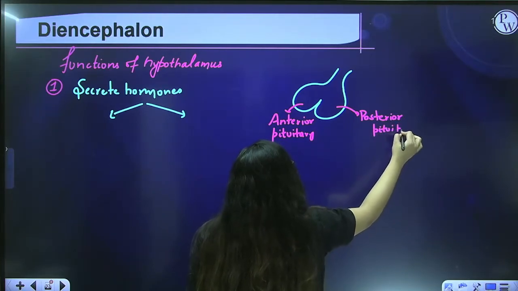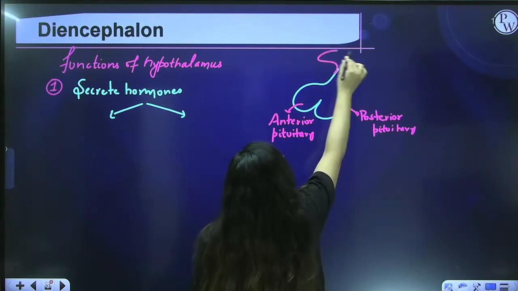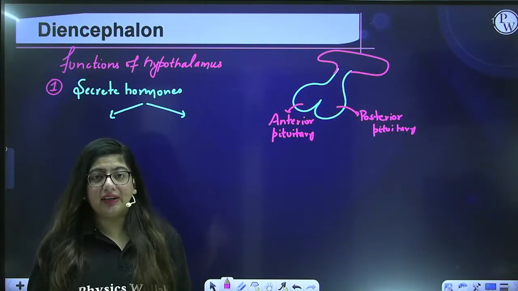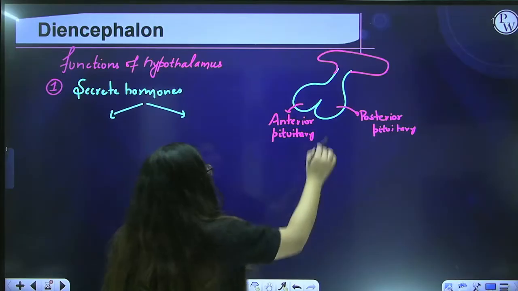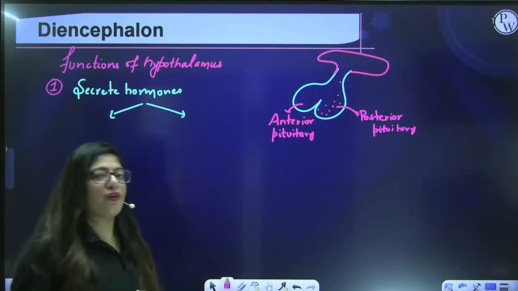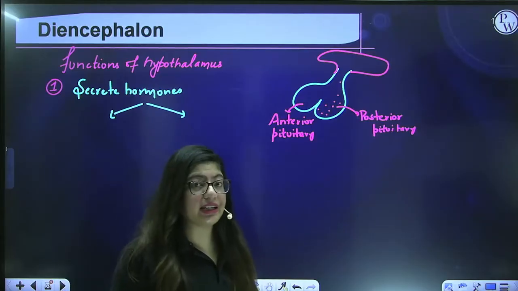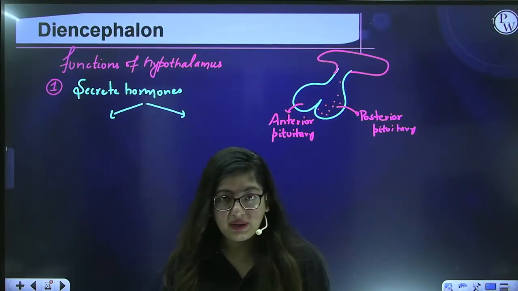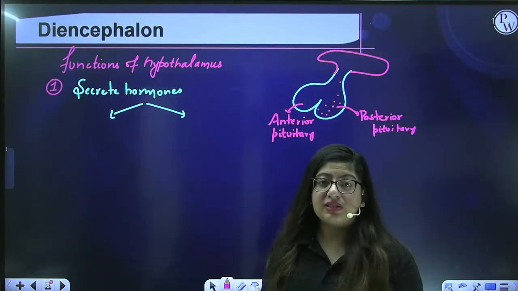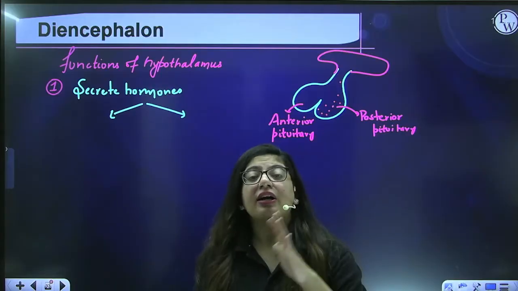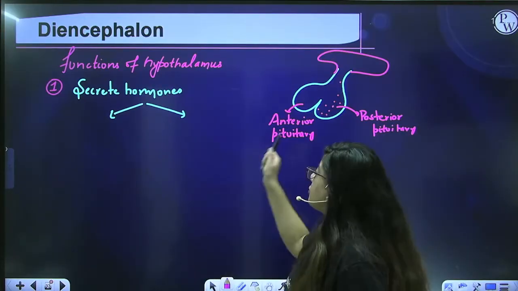So what does the hypothalamus do? It will secrete certain hormones like oxytocin and ADH, which then travel and are stored in the posterior pituitary. So the first kind of hormones that the hypothalamus secretes are the ones stored in the posterior pituitary. The second type of hormones will control the functions of the anterior pituitary.